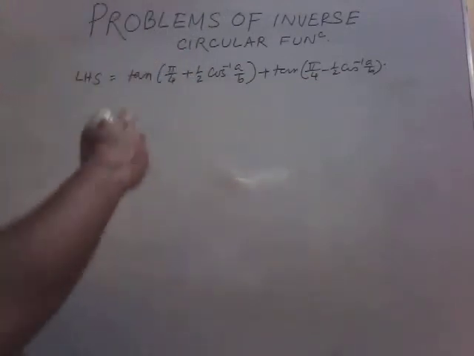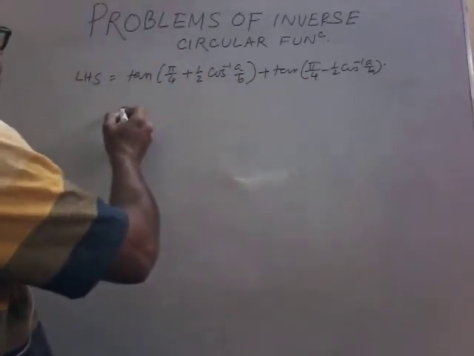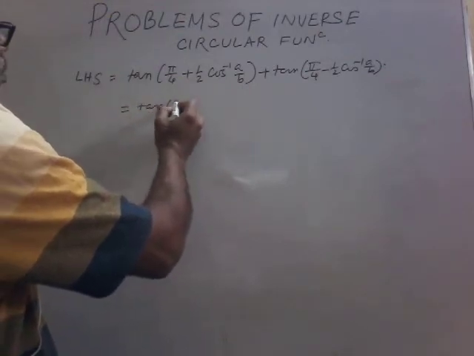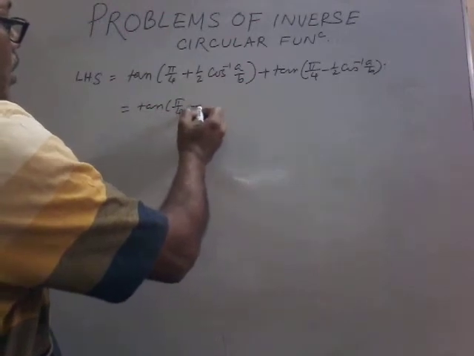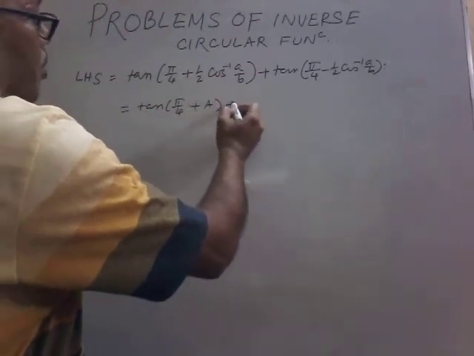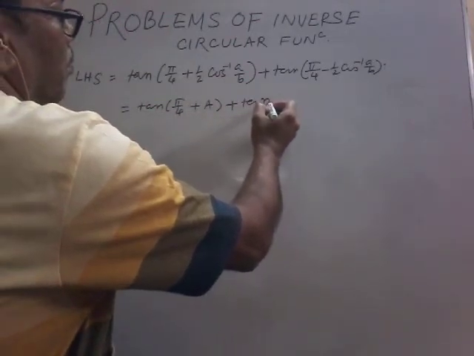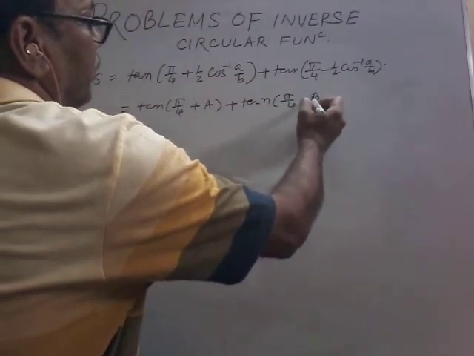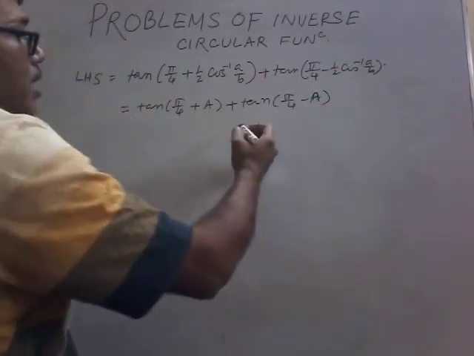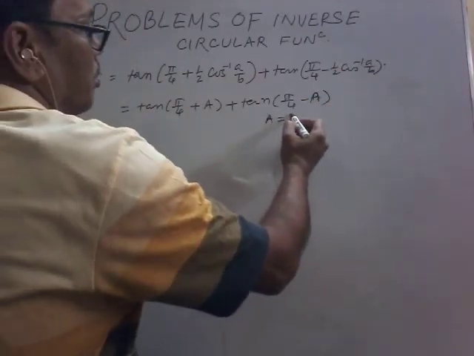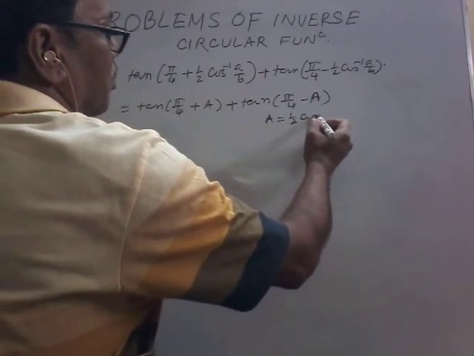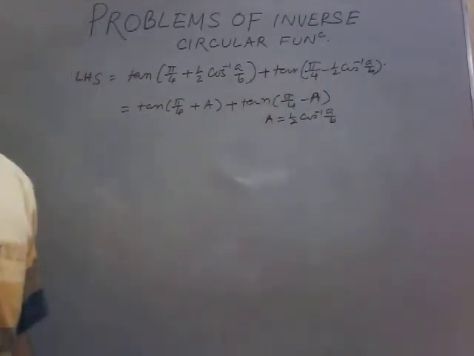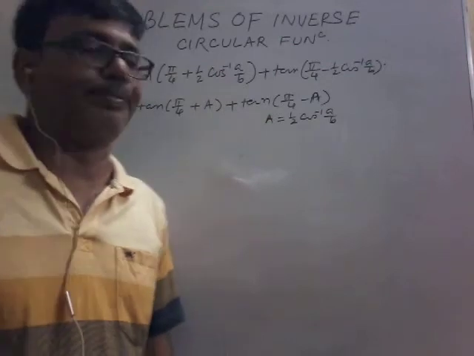So what is your formula? Tan(pi by 4 plus A) plus tan(pi by 4 minus A). So what is A here? A equals half cos inverse a by b.